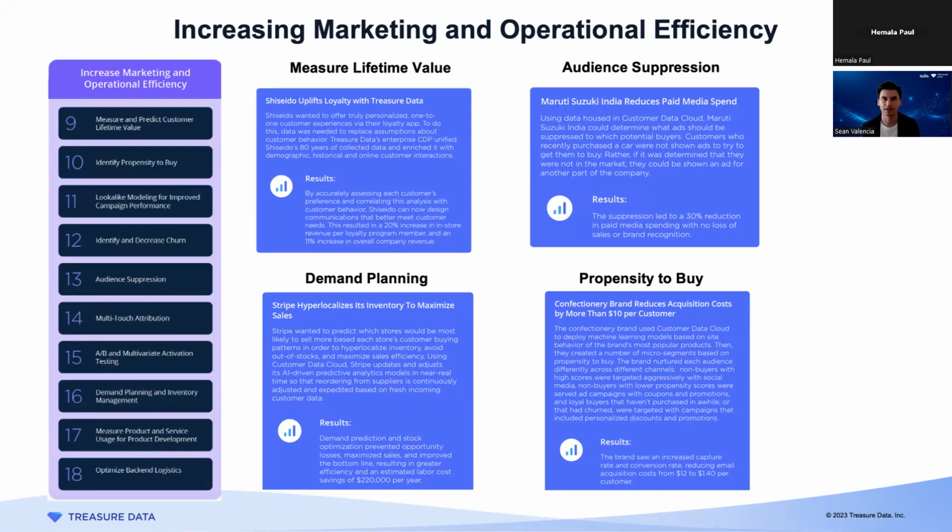Now, another way to look at the efficiency is not always just purely on that revenue side, but it could also be on the spending side and the marketing spend as well. If we look over here, we have an example from Maruti Suzuki in India, one of the largest automobile manufacturers, also utilizing CDP to drive efficiency.